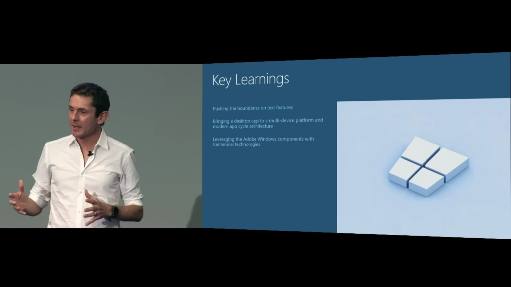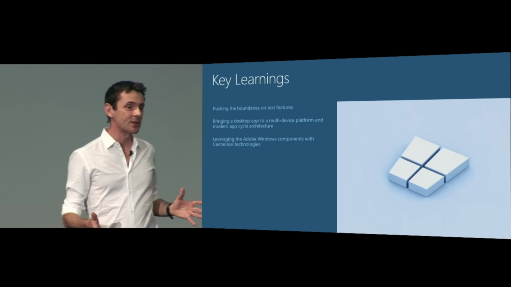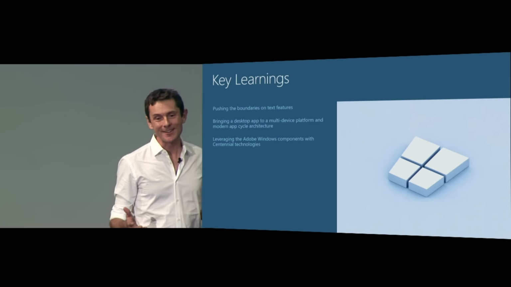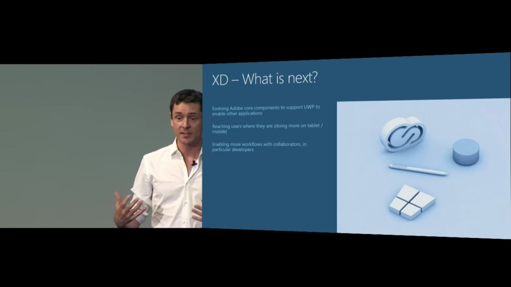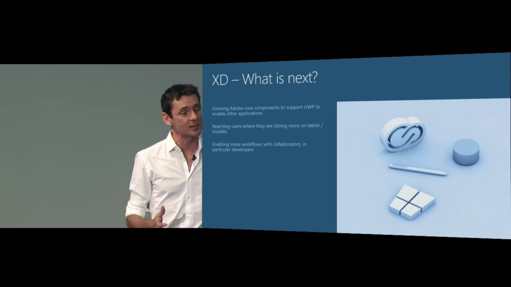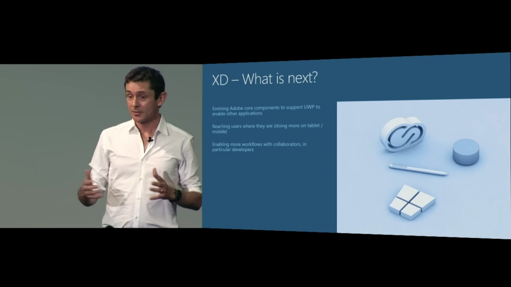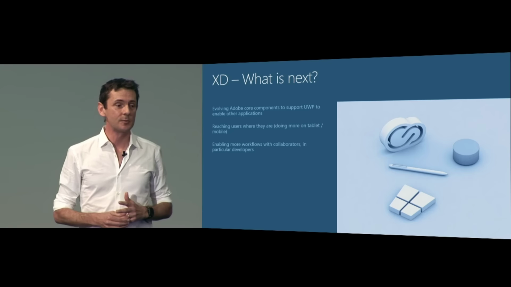And then finally, like many software vendors, Adobe has been doing Windows development for quite a while, and we have other apps like Photoshop and Illustrator, and they're part of our own suite of apps, and Adobe XD participates in collaborating with those apps. So we have core components that we share, and those are not all UWP yet, because those other apps have not moved to UWP yet.